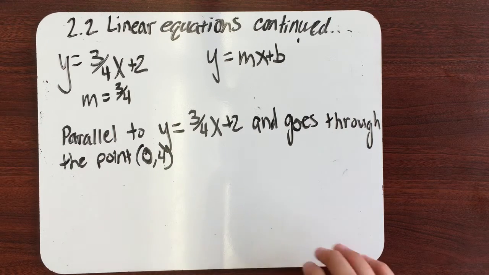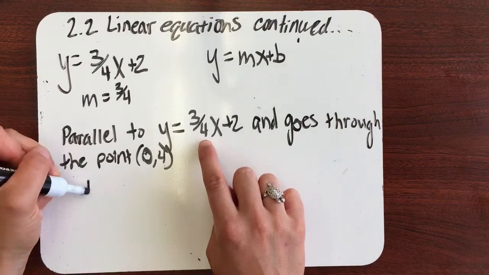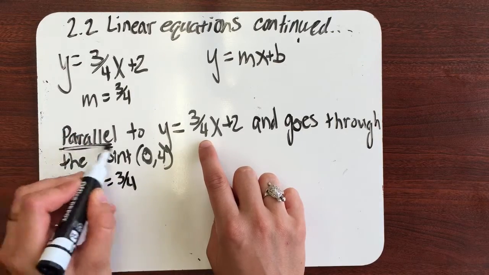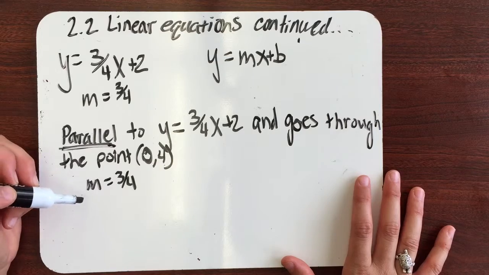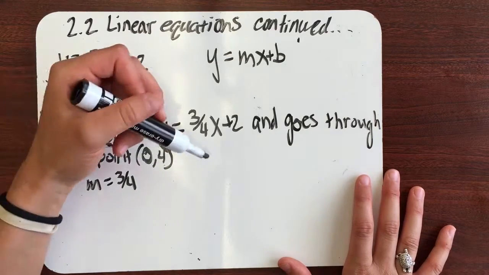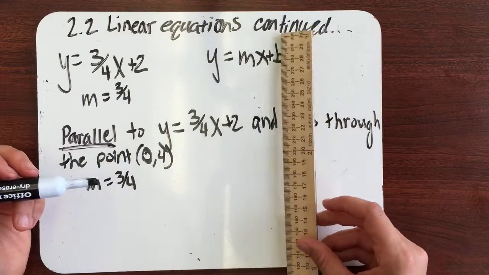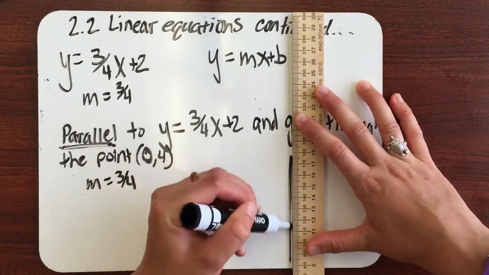Okay, so since we know that the slope is 3/4 here, and since it's parallel, we know that parallel lines have the same slope. If we're going to have a parallel line, it's going to have a slope of 3/4. We can also graph this and show it.